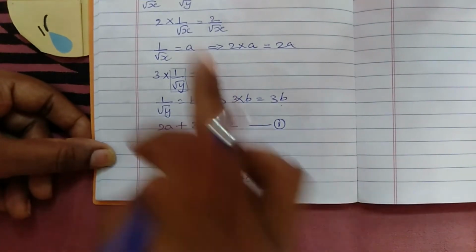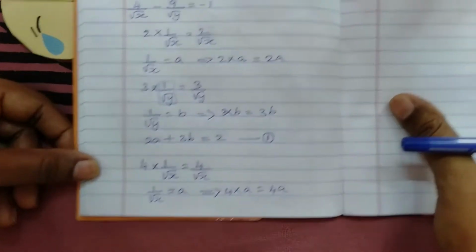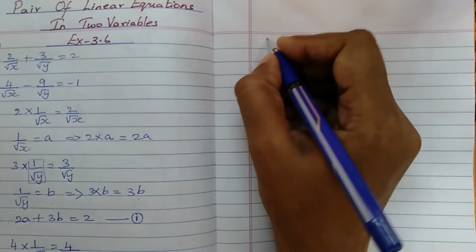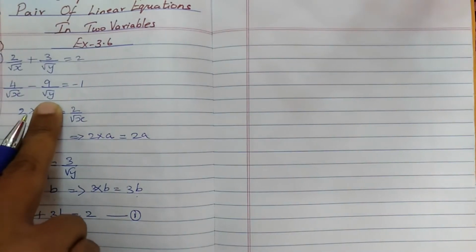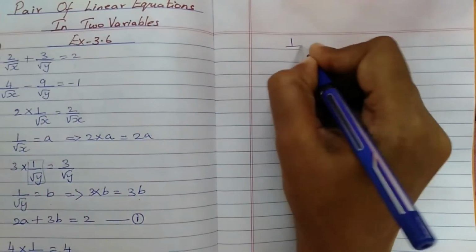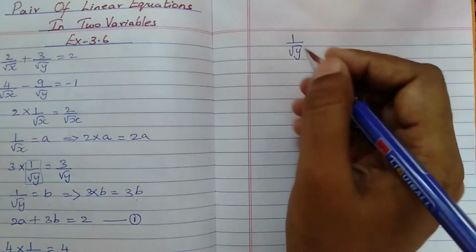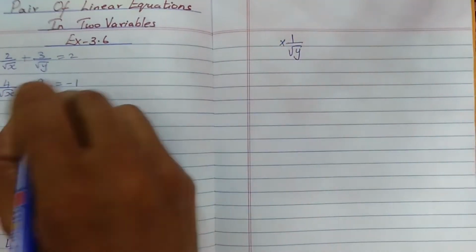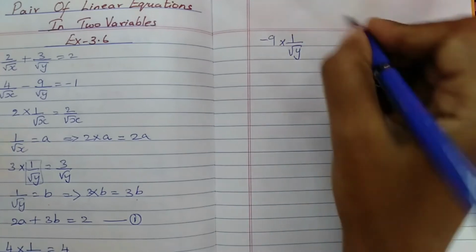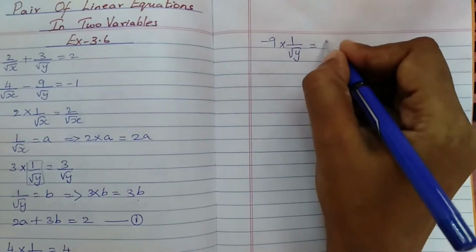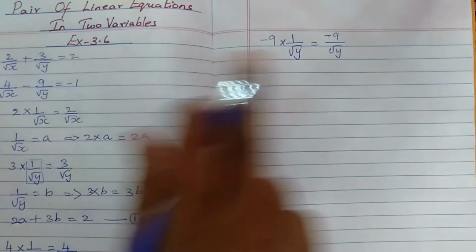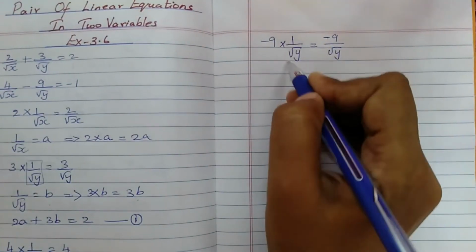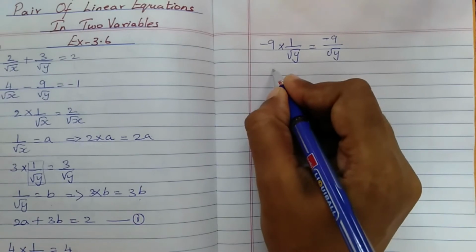Now let's do the second term. We have minus 9 by root y. So we need a 1 by root y for giving a value. The remaining number is minus 9. So minus 9 into 1 by root y is minus 9 by root y. You got the same term here, so this term can be given a value.